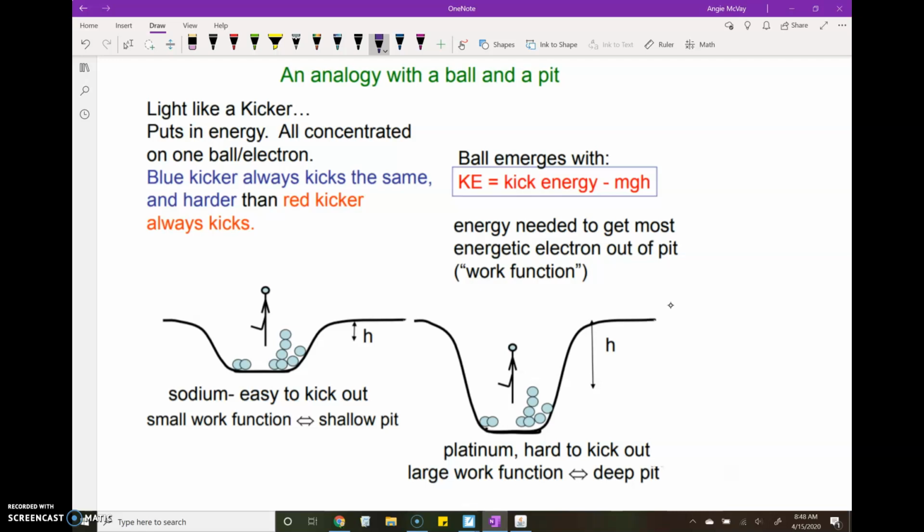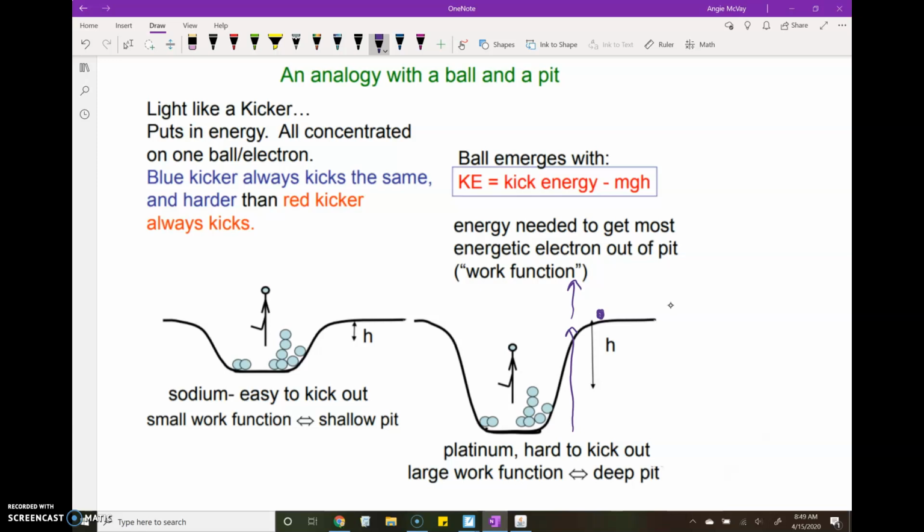If the kicker kicks with enough energy that is just enough to get the ball to land on the top of the pit up here, it will just land, but it won't have any kinetic energy. But if the kicker kicks with enough energy to get the ball out of the pit, and the ball still has enough energy to go beyond the edge of the pit, then this extra energy will be kinetic energy.